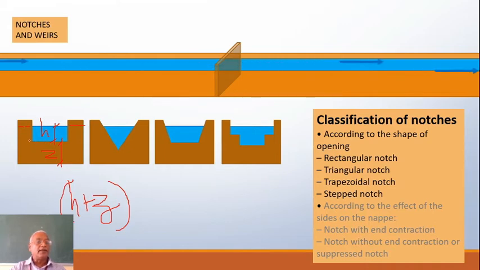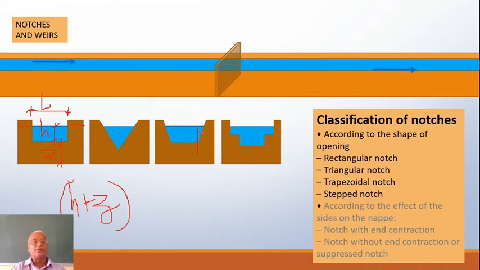And here the length of the rectangular channel is termed as this. So this width is known as the length of the rectangular channel and indicated by the letter capital L. Here this is the crest, and half the angle is always specified, or the whole angle is specified. Here crest length L as well as the angle is specified.